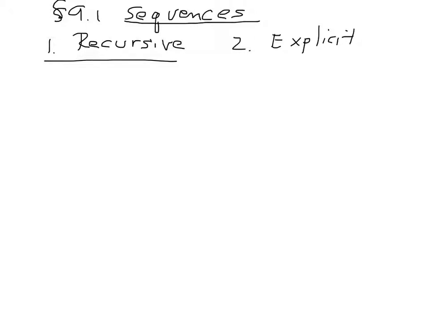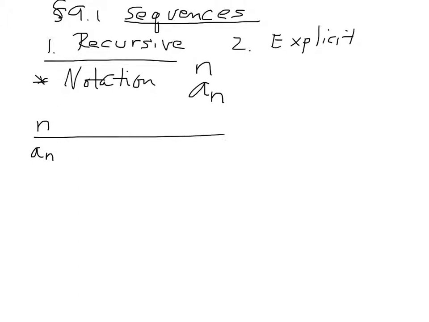Maybe one of the biggest things we have to learn in this particular chapter is the notation. We need to make sure that we understand the difference in the notation between n and what is meant by a sub n. So I'm going to set up a table here of the Fibonacci sequence.